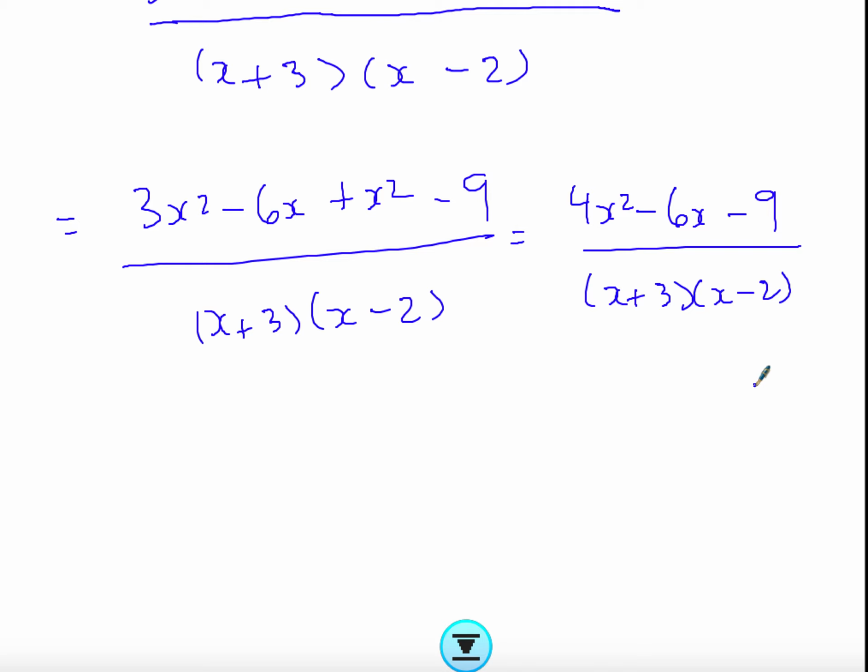But depending on the marks for the question, if it was a lot of marks, then yes, they would expect you to have factorized it. You can try, but you will soon realize that this does not have a nice factorization, so it doesn't actually factorize. Sometimes it does, and it cancels out nicely with the denominators, but in this example it doesn't, so this is where we're going to stop.